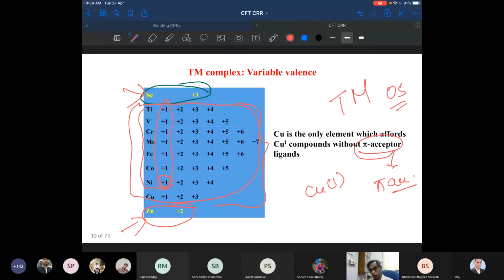I will explain the implication for the properties when I teach you the redox potential diagrams, as well as the pi acceptor and pi donor at the end of crystal field theory, when we move to organometallic and bioinorganic.